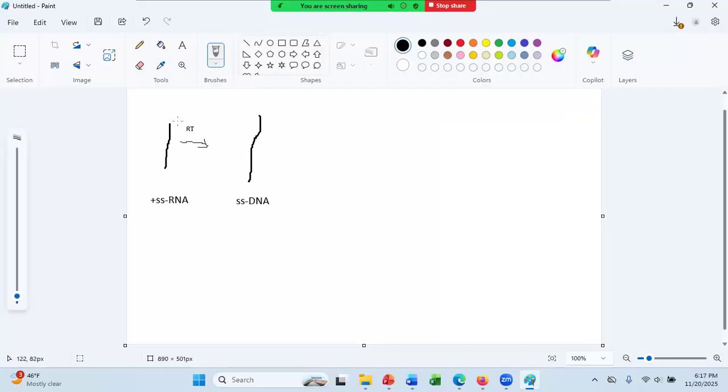And then reverse transcriptase... It's a little small, but I think you can see it. If you can't see it, let me know.